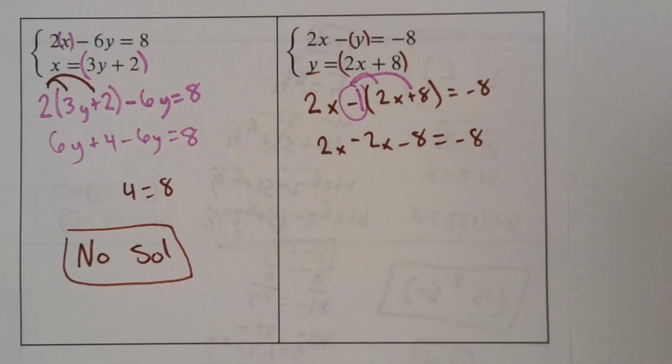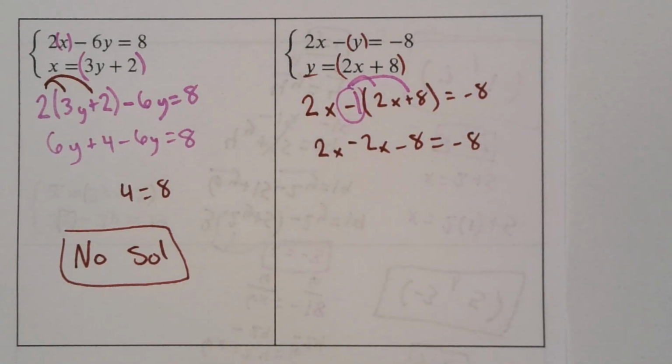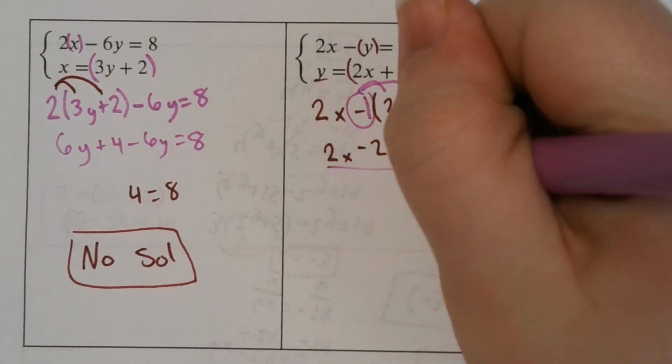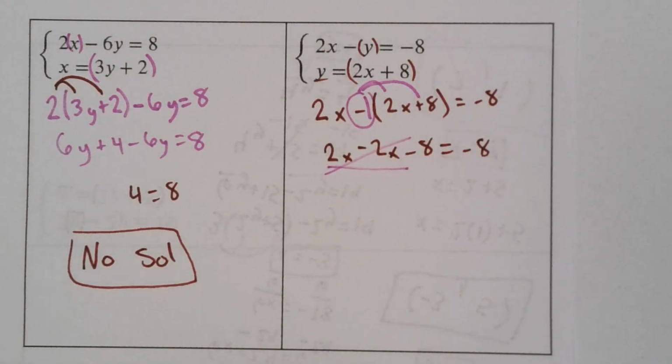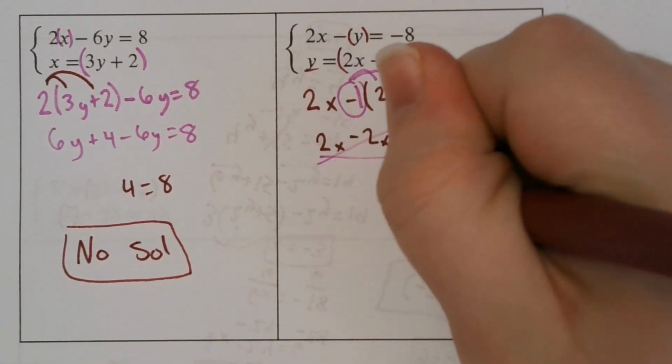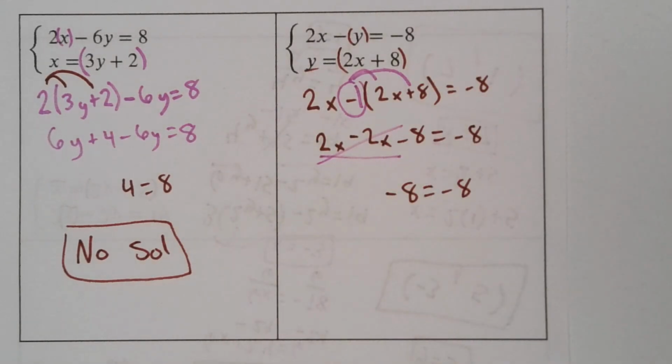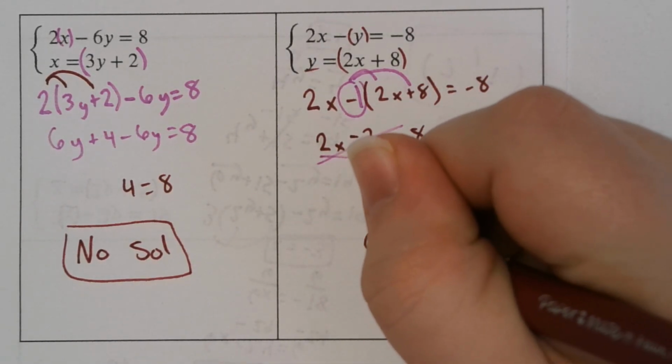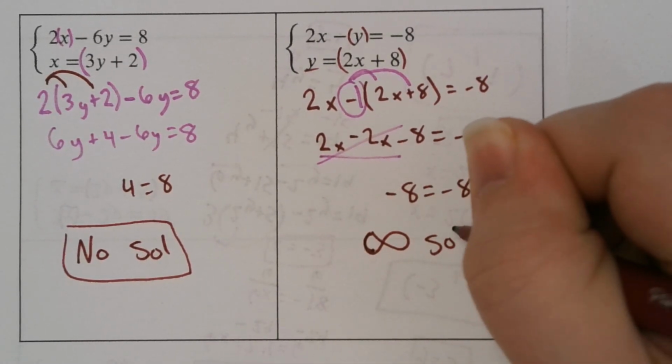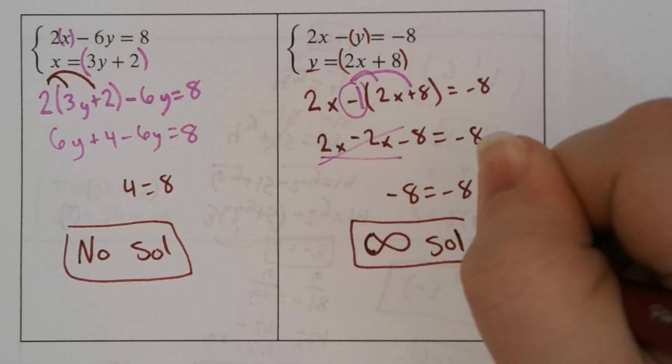And then equals negative 8. So you combine your like terms. We have 2x minus 2x is nothing. So you have negative 8 equals negative 8. Is that true? Yeah. So how many solutions? Infinite. Oh, yeah. I got that right. Perfect.